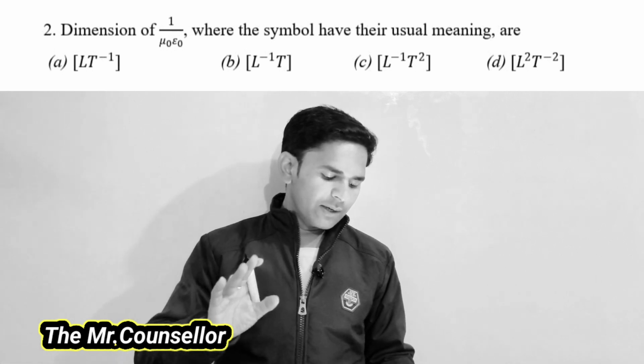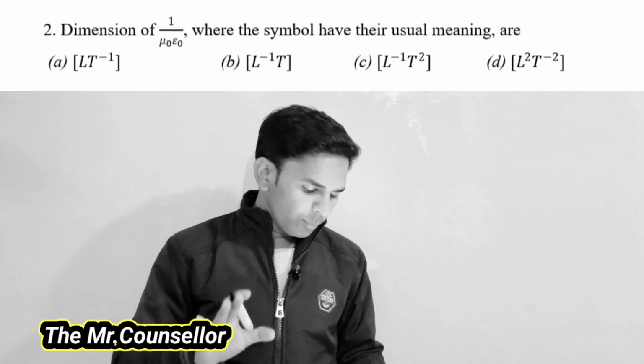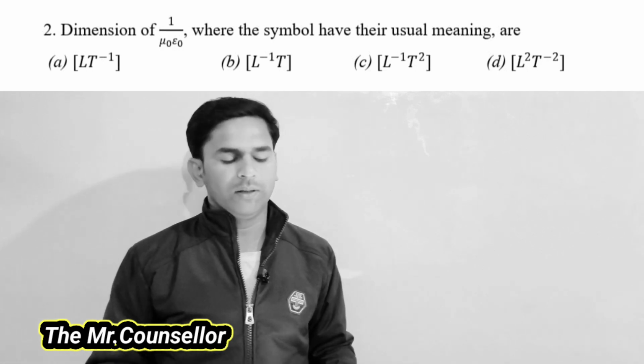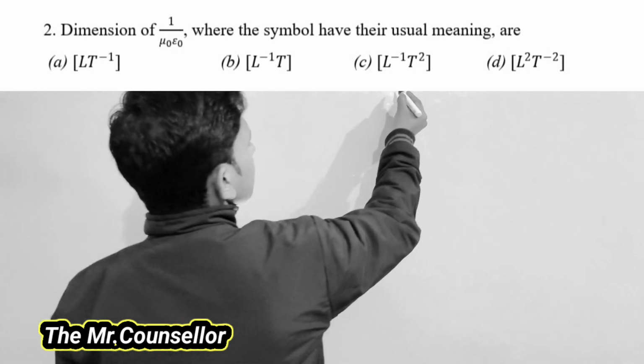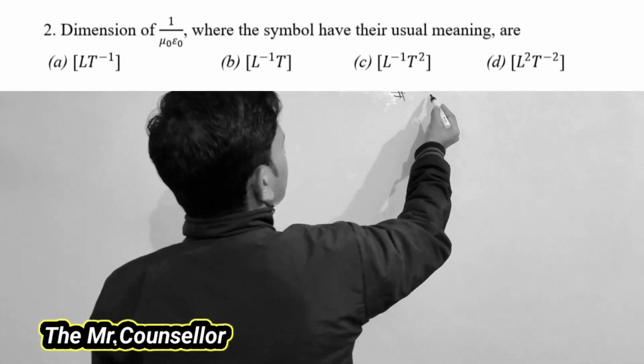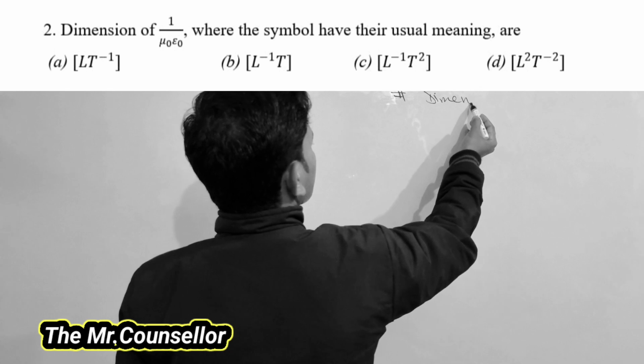So what they are asking is the dimension of 1 upon mu naught epsilon naught. Listen very carefully.